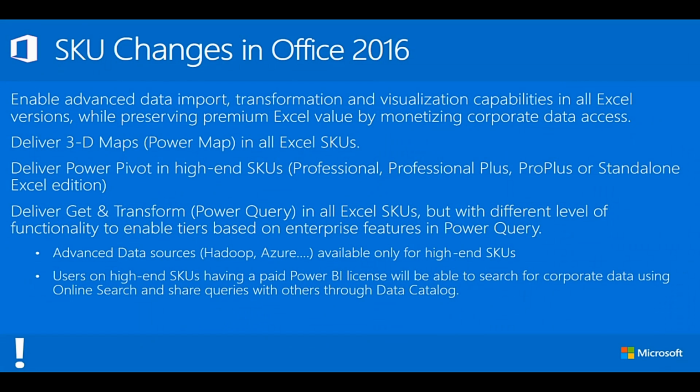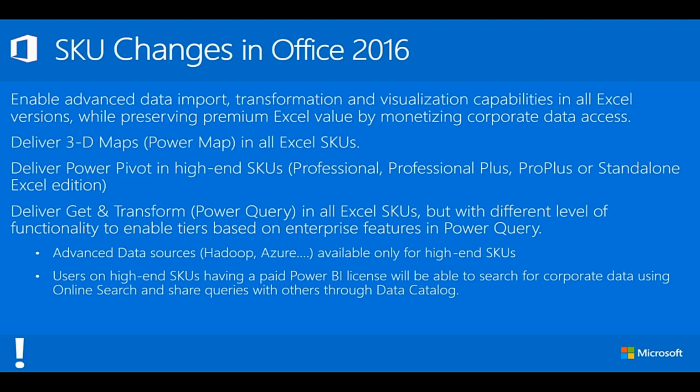So, to recap on additional changes that we have done: previously it was quite hard to get the BI functionality in Excel because it was limited only to the Pro Plus SKU, and you had to have a volume license for that. We have made a few changes. Power Map and Power Query are available across all SKUs, no longer limited to the upper-level SKUs.